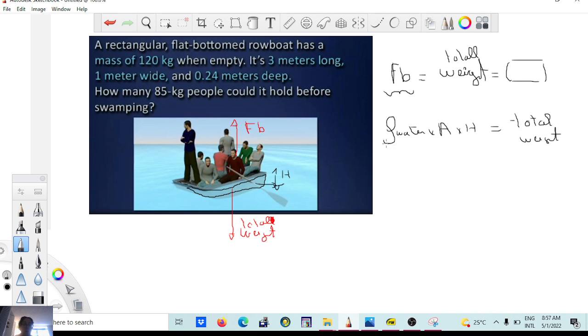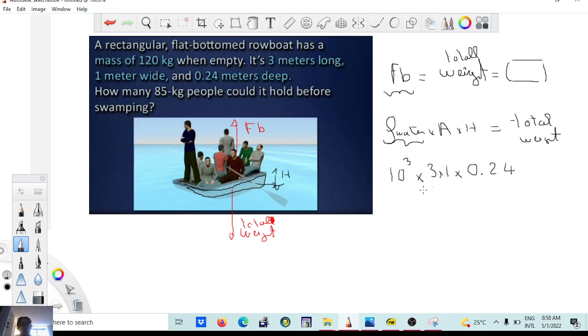So here I'm going to have 1,000 times the area, which is 3 times 1, and the height depends on how many people. But at worst, when it's about to sink, it means it's totally submerged. So I'm going to do the worst case.